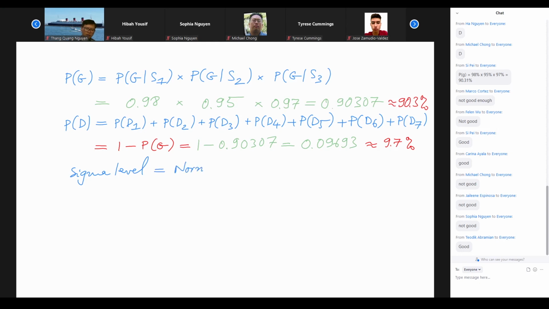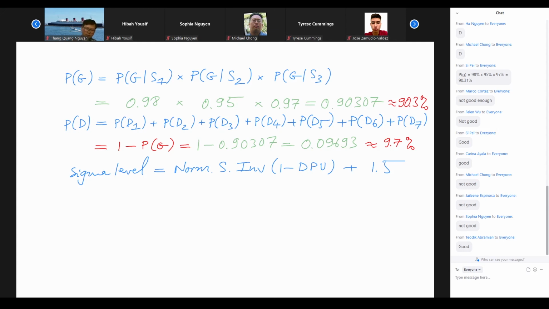The sigma level of the process is, again, we already talked right away at the beginning of the class, right? We use this general definition as the following. So norm.s.inv of 1 minus the DPU plus 1.5. But remember, the DPU is the same as the P of D here, right? That's the probability of being defective here.